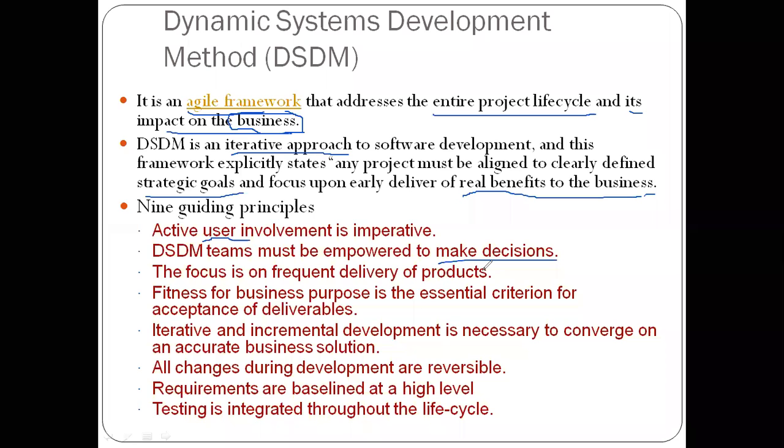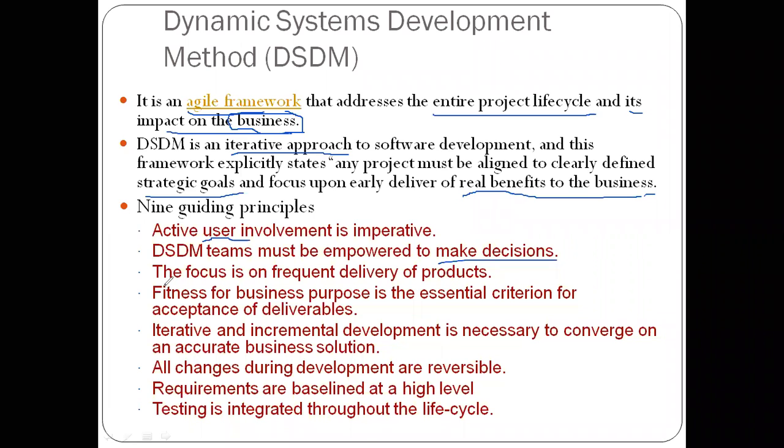In that crystal agile methodology, the development team could take any kind of decision based on that particular project. Here also, in this dynamic system development methodology, the development team members have the right to make decisions based on the end user requirements and their opinions, isn't it? So that is the second point.